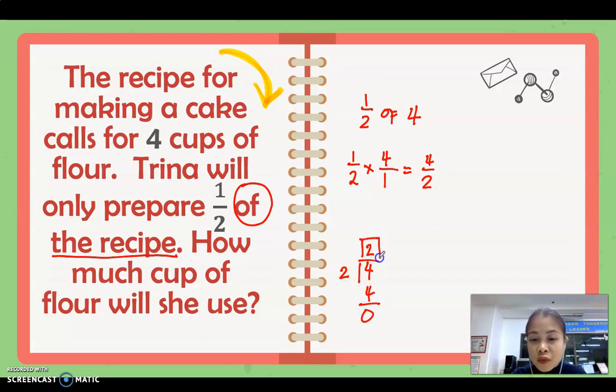Therefore, the answer is a whole number, which is 2. There's no other fraction since there is no remainder here. So how many cups of flour will she use? Since she will be using only 1/2 of the recipe, then she will be using 2 cups of flour to make it a complete answer.